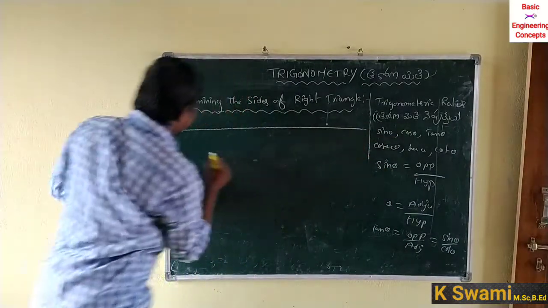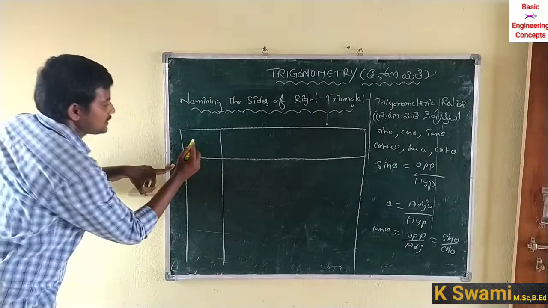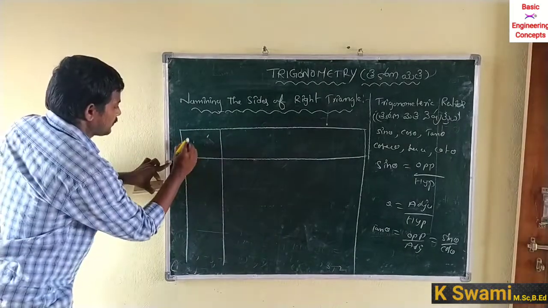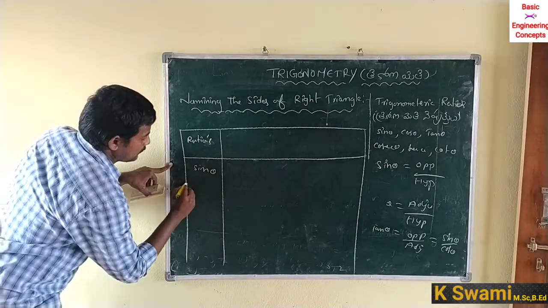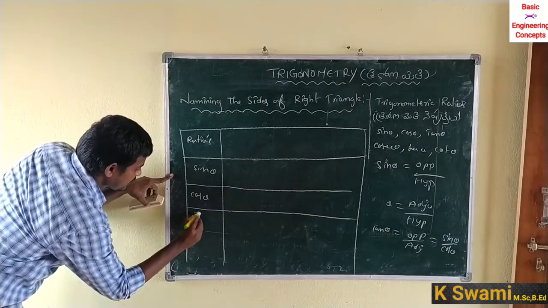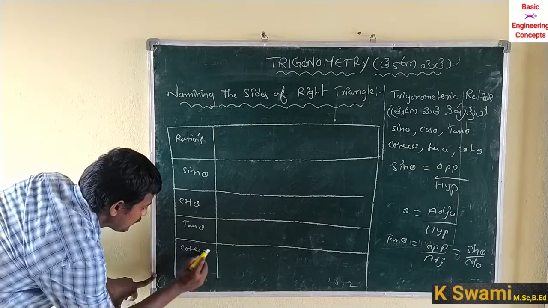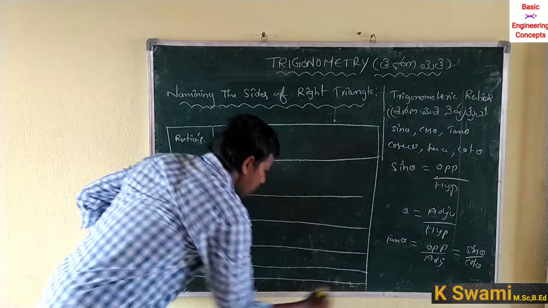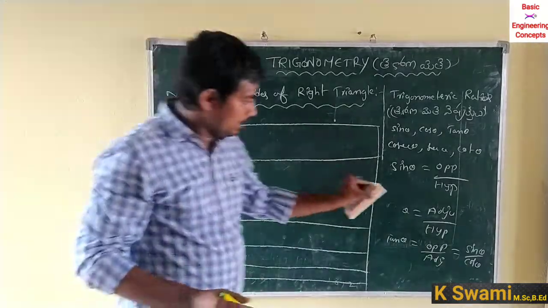Form a table with angle and ratio: sin theta, cos theta, and tan theta, and cosecant theta, and secant theta, finally cot theta.